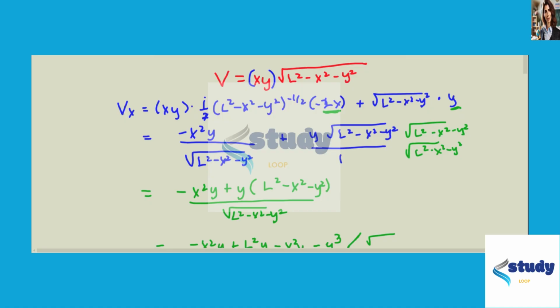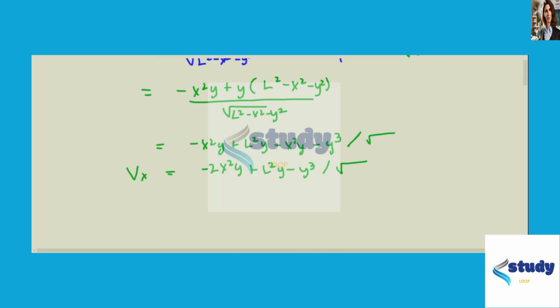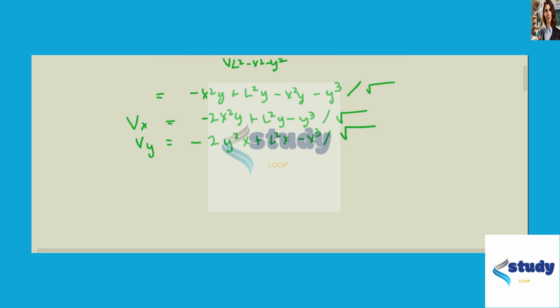Everything else will be exactly the same. So Vy will be minus 2y squared x plus L squared x minus x cubed over the square root. Work it out if you don't believe it.